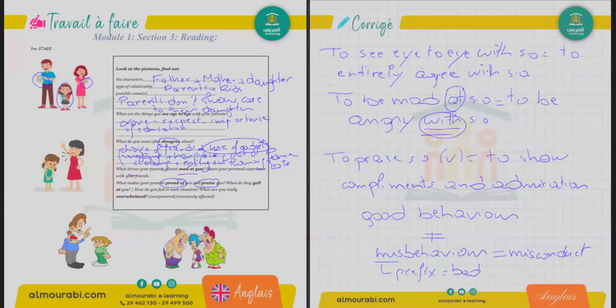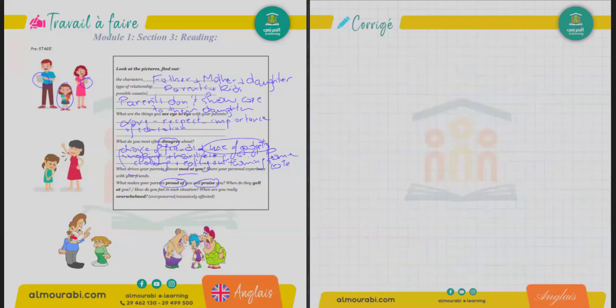Now, talking about your cases now in your families and your relationship with your parents, do your parents yell at you when they are mad, when you misbehave? Do they yell at you? Yelling, that's true. It's to show something or make a loud noise. That's it. That's shouting.